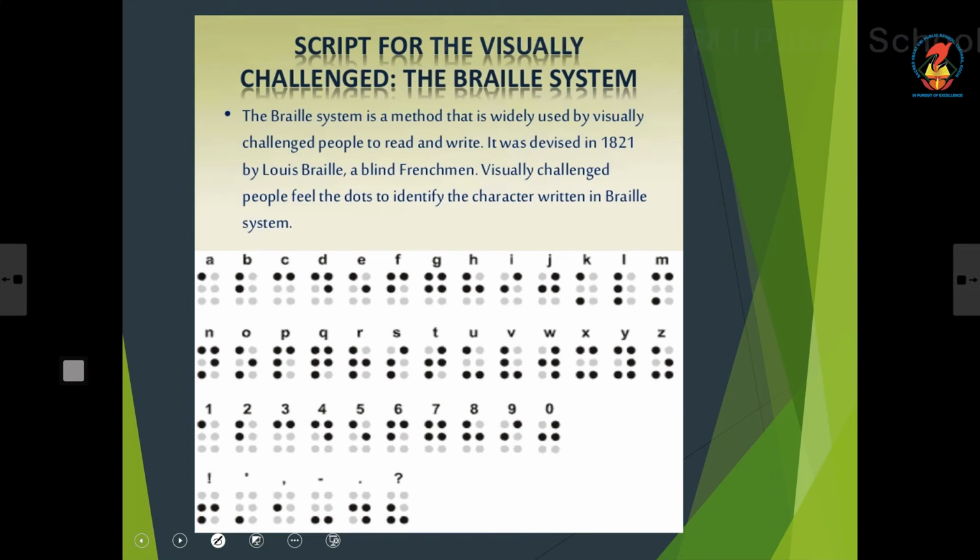Visually challenged person can read and write. Some persons including children can be visually handicapped. They have very limited vision to see things. Some persons cannot see at all since birth. Some persons may lose their eyesight because of a disease.